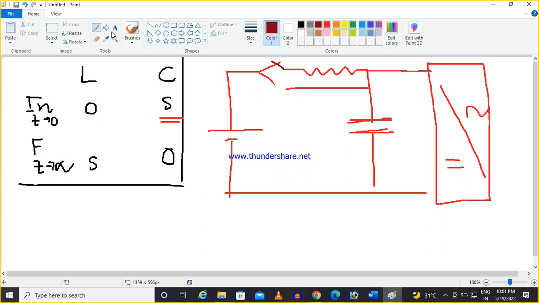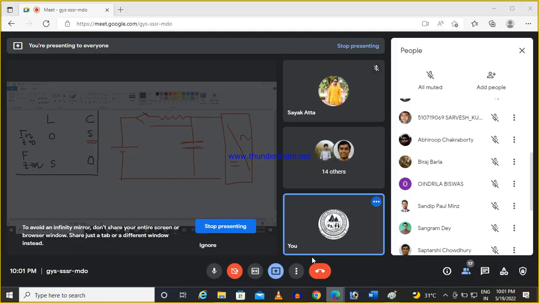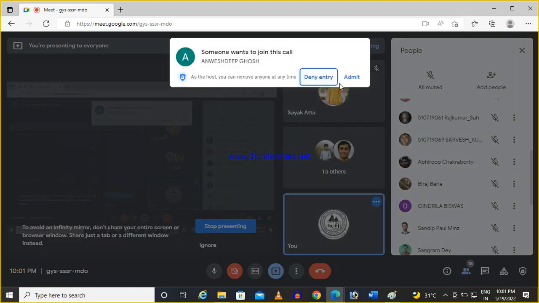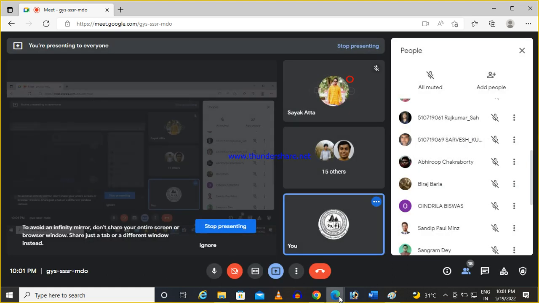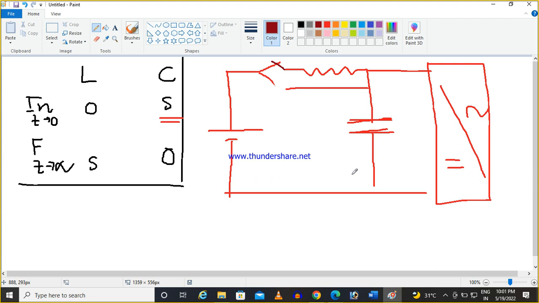So what will happen? Due to this resistance, the inrush current, which is supposed to pass through the capacitor, will be restricted. The resistance will oppose that high inrush current. And once the capacitor is slightly charged, the polarity here will be positive and here negative.